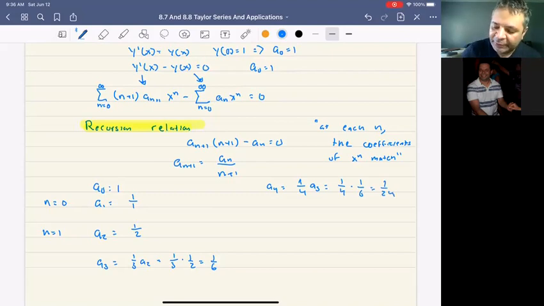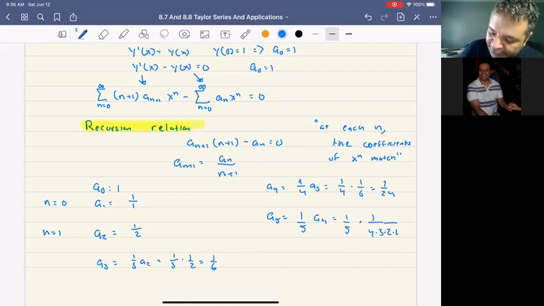Okay, now, one thing I want you to notice. We've got this factorial here. Okay, why? Well, 1 times 2 times 3 times 4. The next one is 1/5 a sub 4, which is 1/5 times 1/4 factorial.